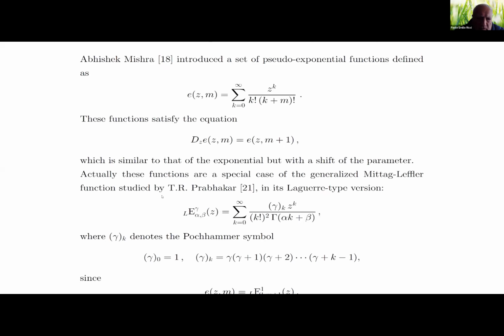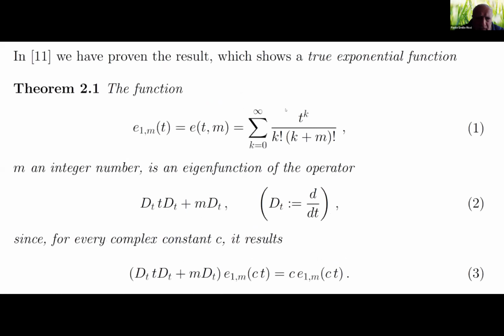This is similar to the exponential but with the shift of the parameter. This is a particular case of a more general operator introduced by Pino. But the idea of Pino, in an old article published in the Georgian Mathematical Journal, is that this function here is an eigenfunction of this operator, which is the Laguerre derivative plus m times the ordinary derivative.